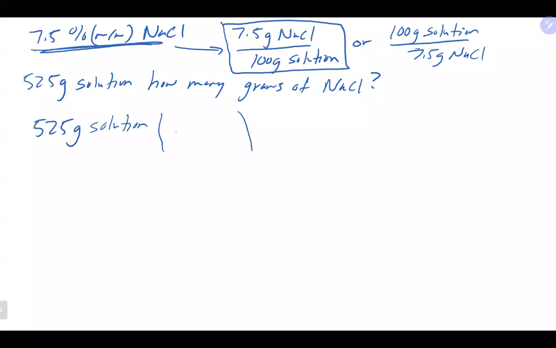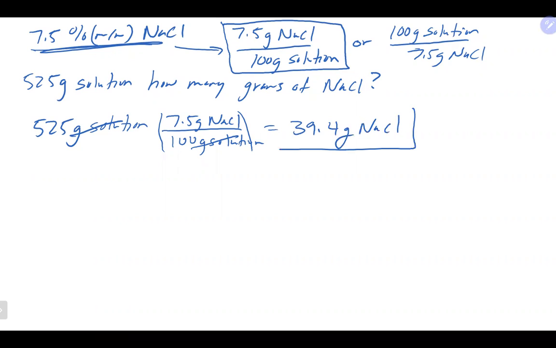That would be 100 grams of solution is 7.5 grams of sodium chloride. The grams of solution will cancel, so that'd be 525 times 7.5 divided by 100, which gets me 39.44 grams of sodium chloride dissolved in that solution. So this is one way you could take the percentage and solve it in a dimensional analysis way.